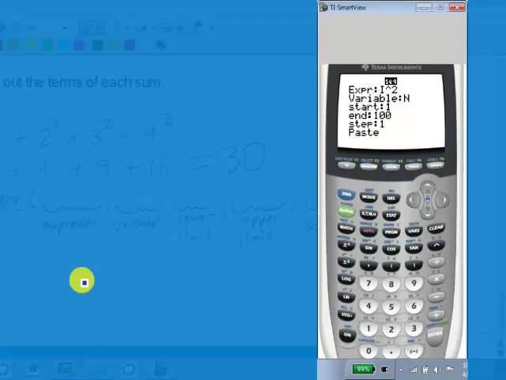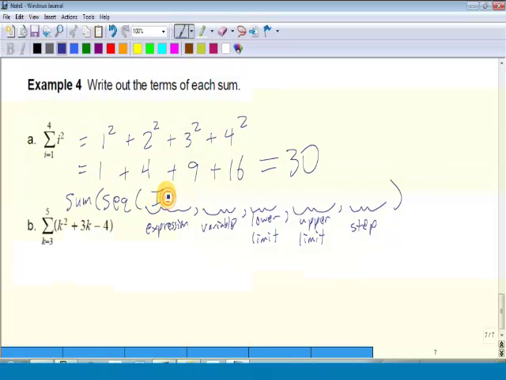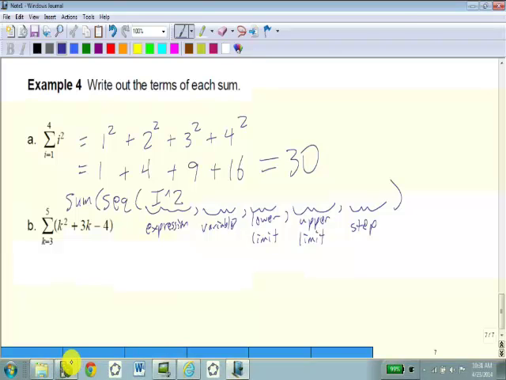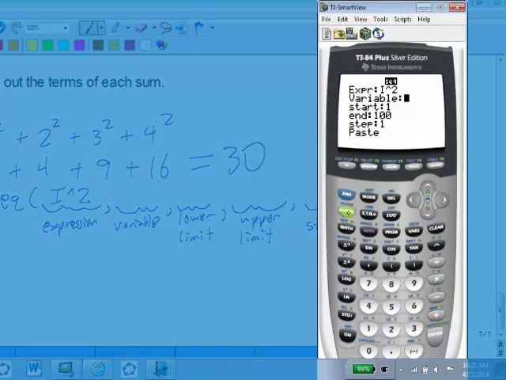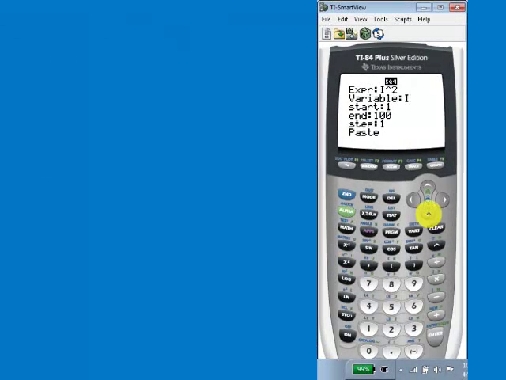That's my expression. And for the variable, I better use that same variable. Whatever variable is going from 1 to 4, that's what you put in the variable spot. So again, alpha x squared button makes that an I.